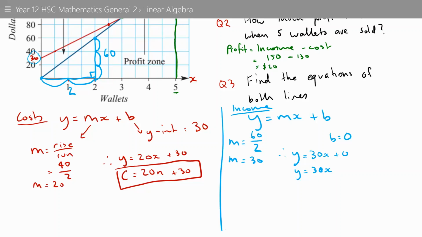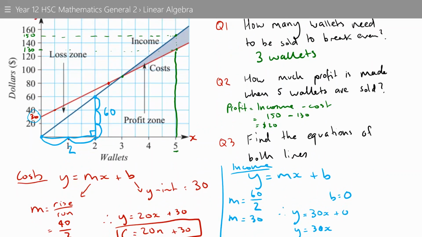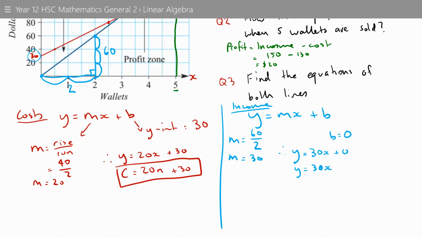Now, just like we did over here, y is dollars, but we're not talking about cost, we're talking about income. So let's make it I equals 30n, where the x-axis is still the number of wallets, n. So there are our two equations. The cost is 20n plus 30. The income equals 30n.